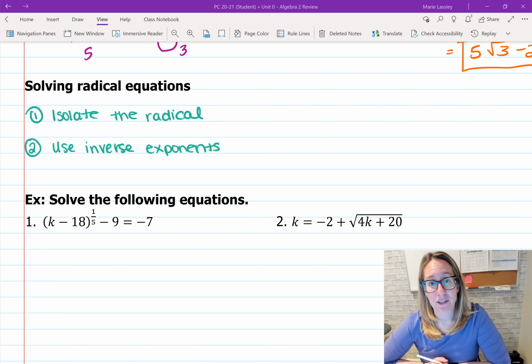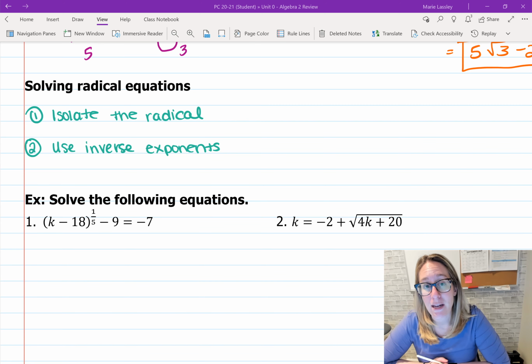If you have something that's to the power of 1/3, the opposite or inverse of 1/3 would be to raise everything to the power of 3/1. So once we have isolated that radical, we're going to use those inverse exponents, and that should make our radical go away in our problem.